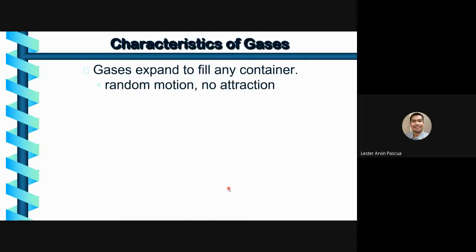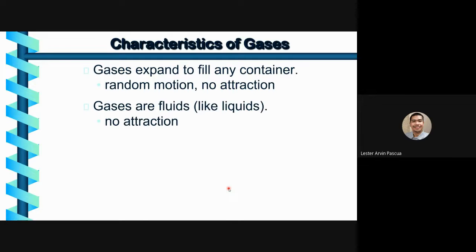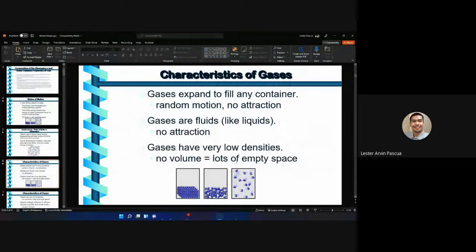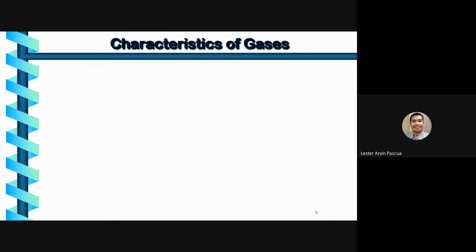I'm just trying to give you a perspective that the states of matter are not really so different. They are essentially stages, depending on the kinetic energy as well as the forces applied on your molecules.